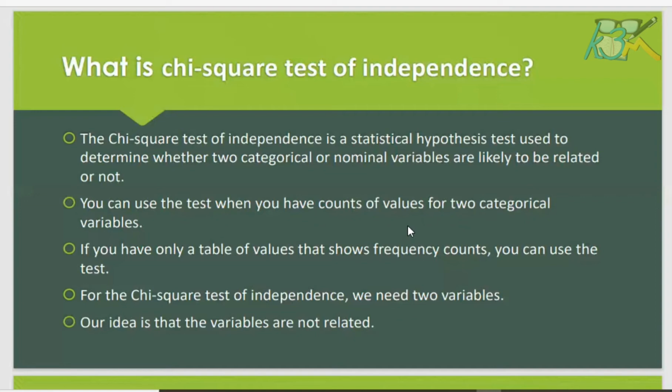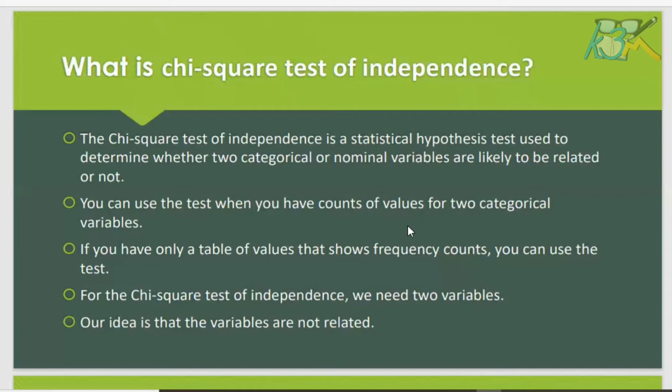So for today's discussion, we will tackle what we need for this test, and how to do this test. We will also understand the results, the statistical details, and we will try to understand the values.